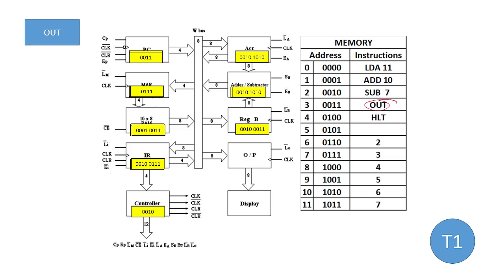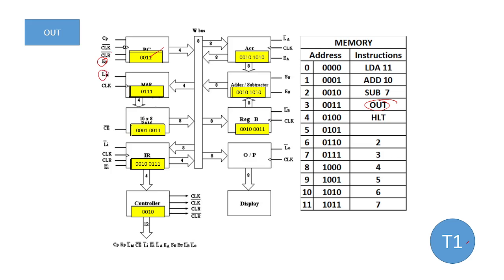Out here means we are going to display the data to the output, or we're going to display the data in our binary display. So the program counter here is already 001, so RT1. Then the EP and the LM pins will be activated.